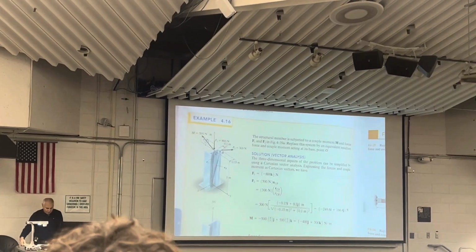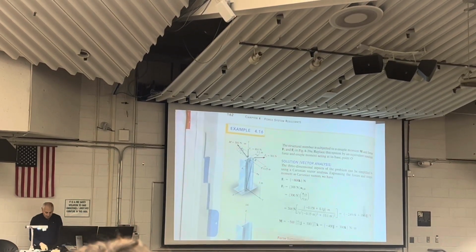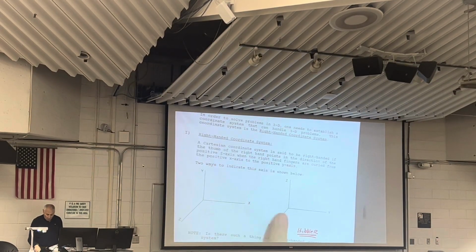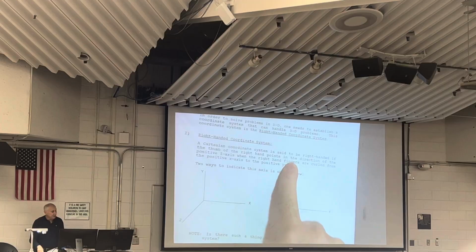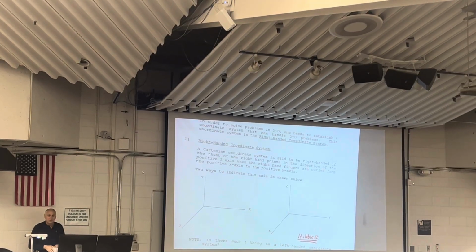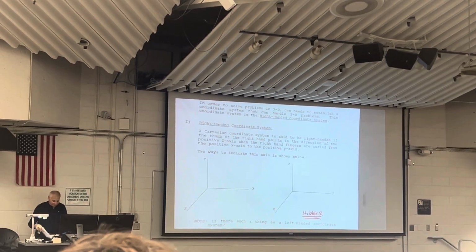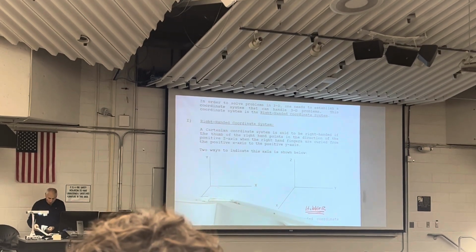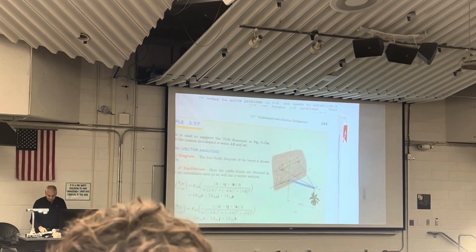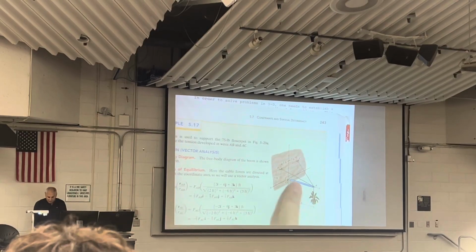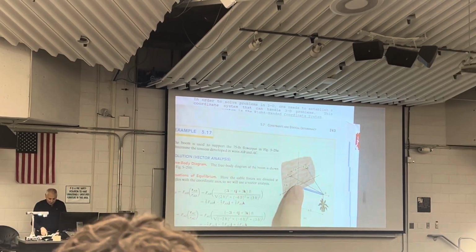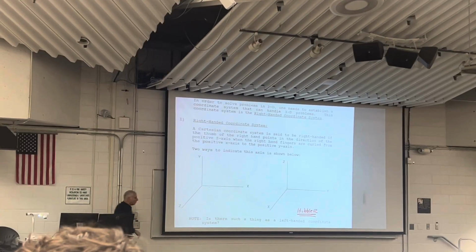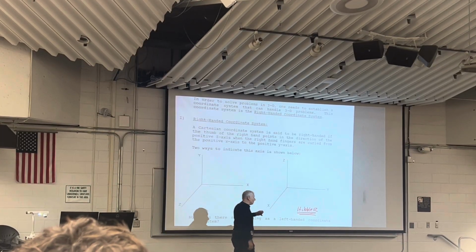In chapter 4, y this way, x coming out, z upwards. In chapter 5, y this way, z that way, x coming out. That's the coordinate system Hibbeler uses.